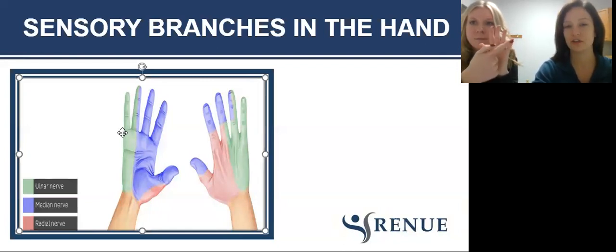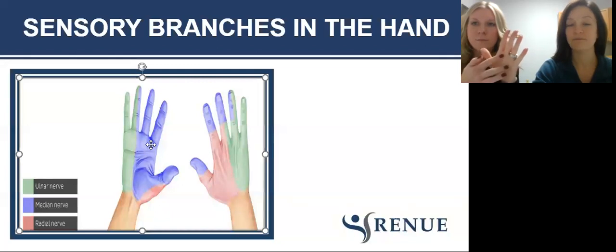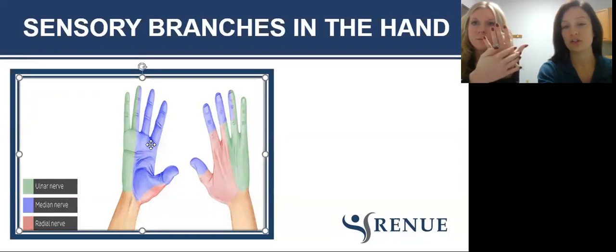So kind of pay attention to those symptoms. That median nerve is the one that controls the other half of that ring finger, your middle finger, your index finger, and your thumb. And then obviously the back of the hand, we kind of have a picture up there as well, where the radial nerve is more involved towards the back of the hand, but you also have your median and your ulnar nerve as well.